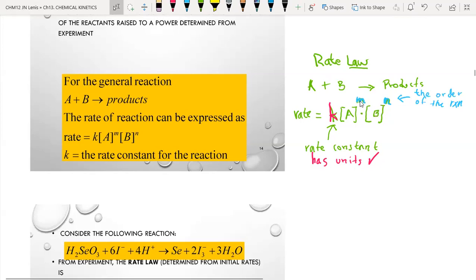So they are individual orders, M with respect to A and N with respect to B. But also, when we add M plus N, that gives you something that we call the overall order of the reaction.